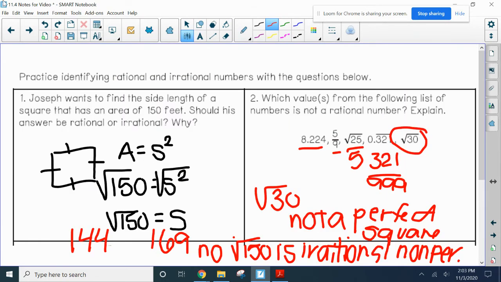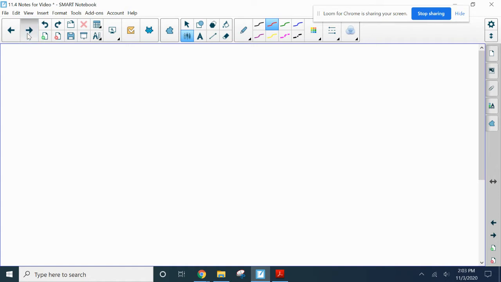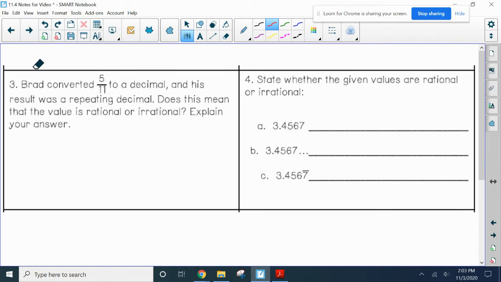Awesome. All right, so let's look at a couple more. So then I have Brad converted 5/11ths to a decimal, and his result was a repeating decimal. Does this mean that his value is rational or irrational? A repeating decimal is rational or irrational? You're so right, because it can be written as a repeating decimal, which turns into the fraction of 5/11.